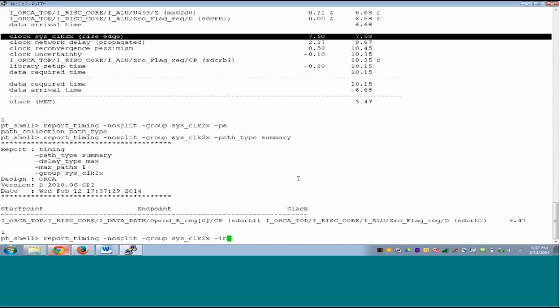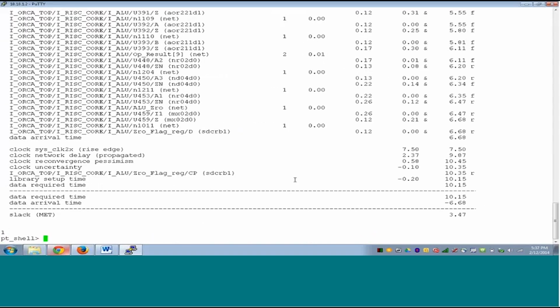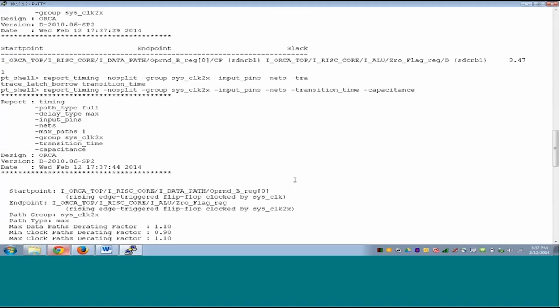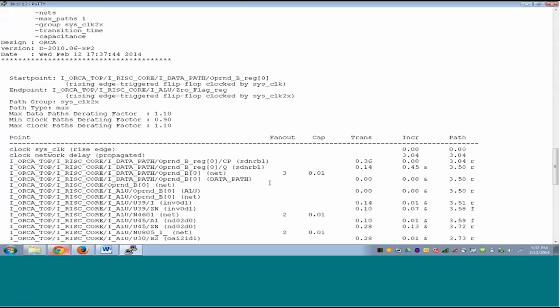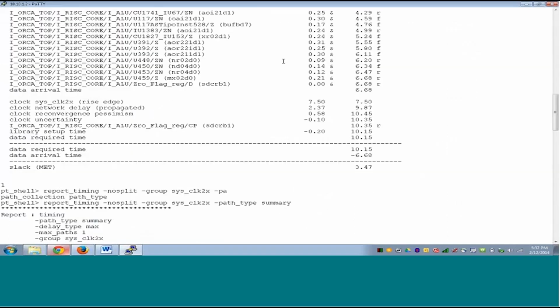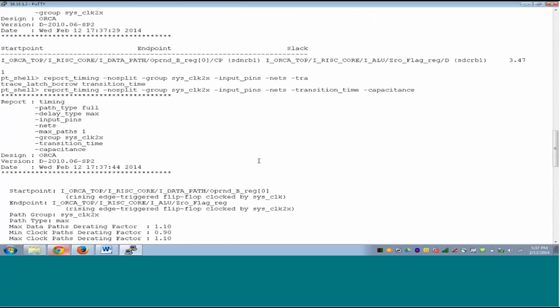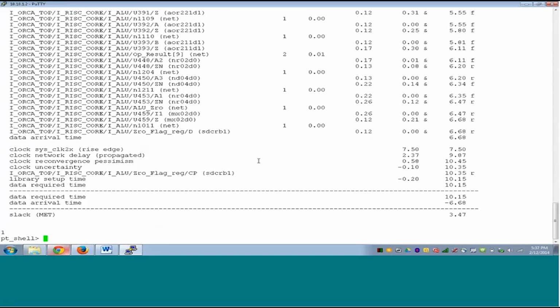You can add input, you can add net, you can add transition, you can add capacitance. I'll add these and see. This is what the timing report now looks like. I've already explained this in one of the labs, but let me explain something. Fanout: when you give nets, it will start giving fanout information also, so we'll know how and where it fans out.